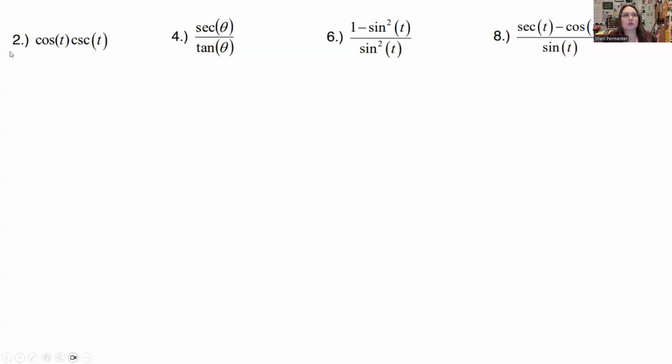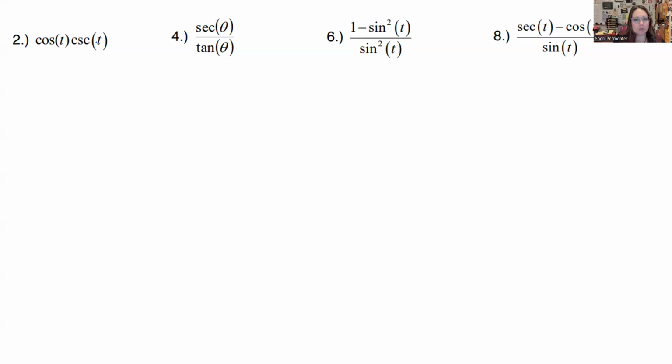So when I look at this first problem, I have something that's in terms of cosine. Could I rewrite cosecant so that it was in terms of sine? There's an identity. Cosecant is the same thing as what that has a sine in it? Yes. So I'm going to change cosecant.